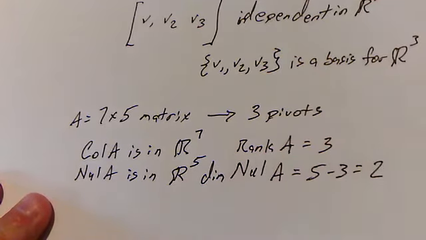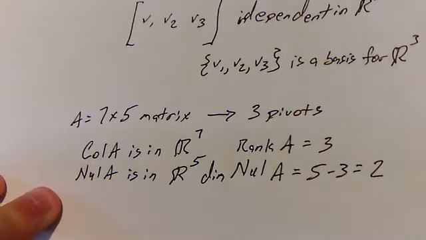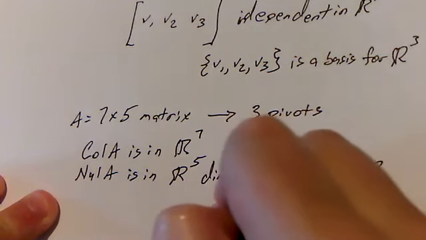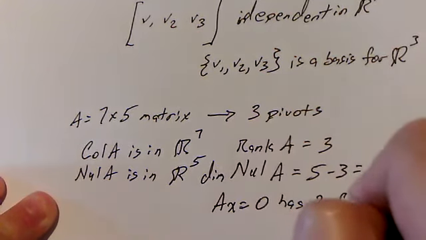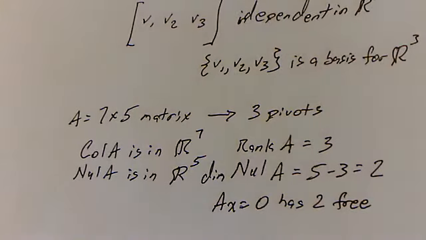The dimension of the null space is 2, which also tells me that AX equals 0 has 2 free variables. I can tie all of that back together using those theorems. So use your number of pivots, use your rank theorem, use the properties of column space and null space to match up your dimensions appropriately.